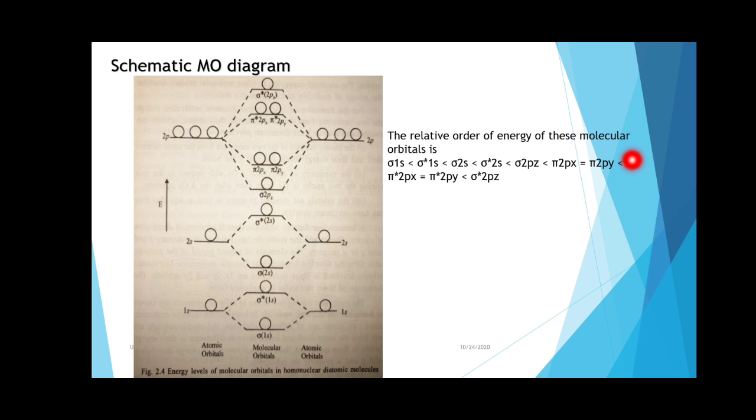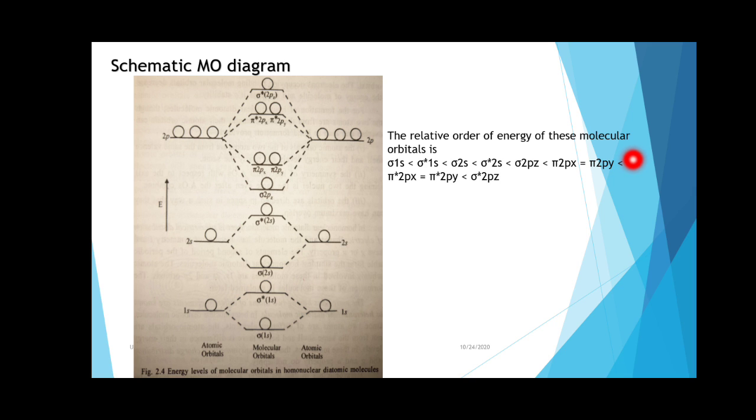Everybody understood? So bonding molecular orbitals are always lower in energy as compared to the anti-bonding molecular orbitals of that molecule, or even the atomic orbitals which take part in the formation of molecular orbitals. So always remember, bonding molecular orbitals are lower in energy.